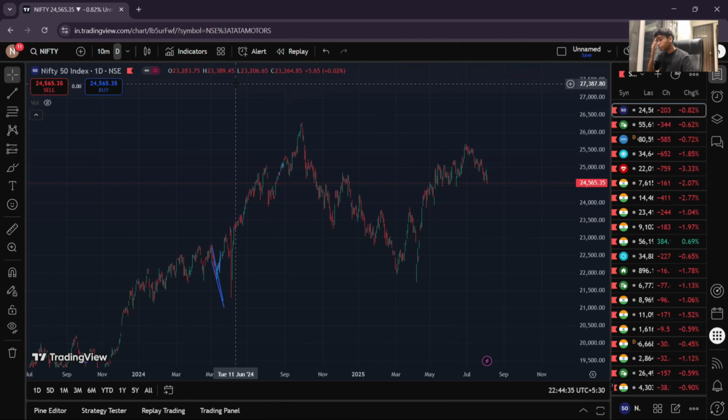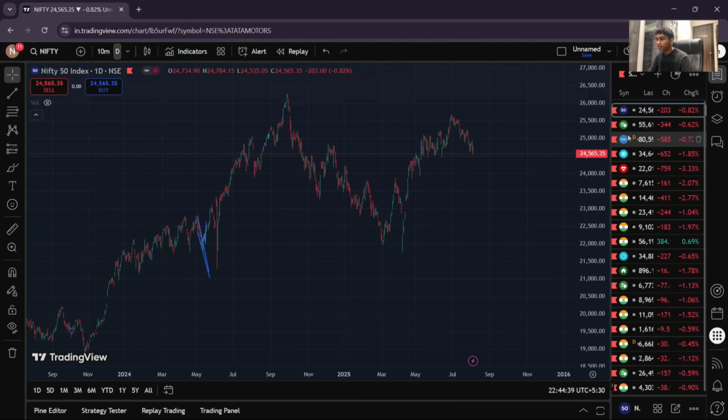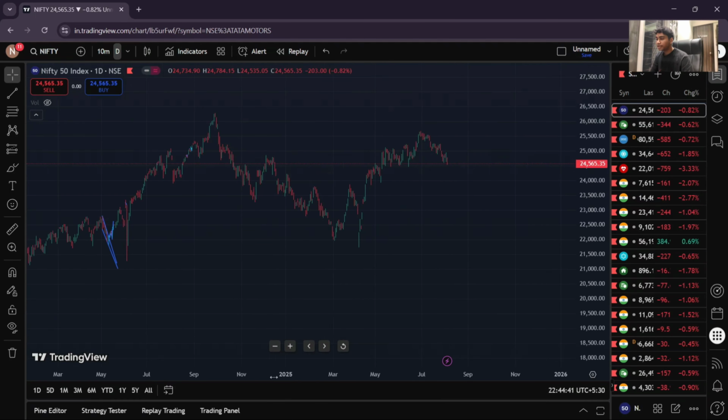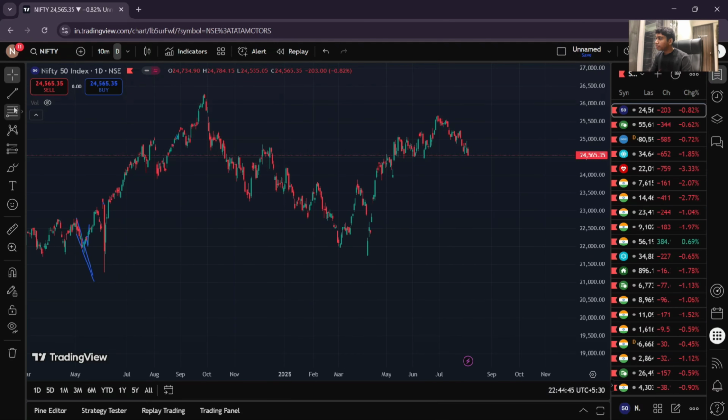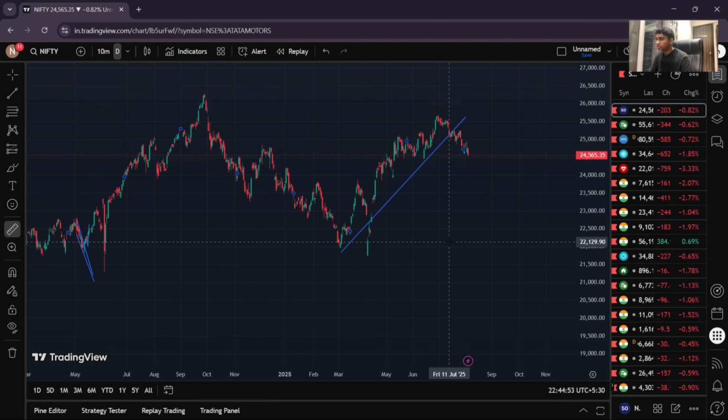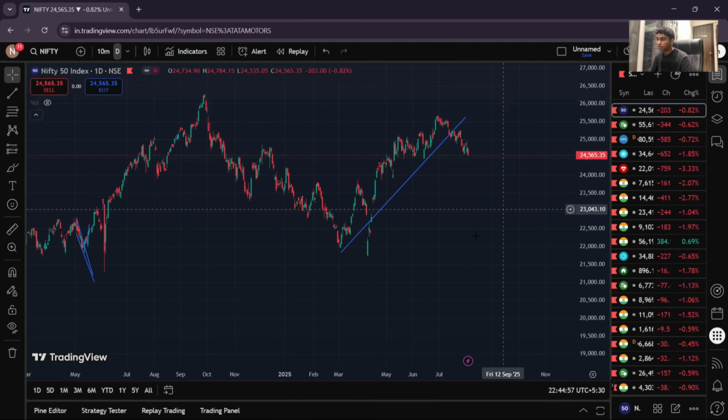Which is very important. So yeah, this was it about reading the chart patterns in TradingView. There are multiple other things also, like this line, you can draw trend lines like this to find support and resistance. Then there is this measuring scale, you can check how much it has moved from this particular point to this particular point.